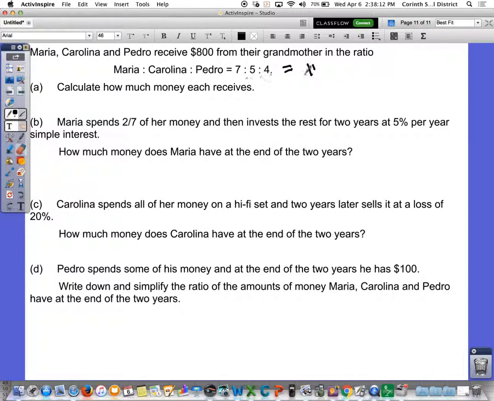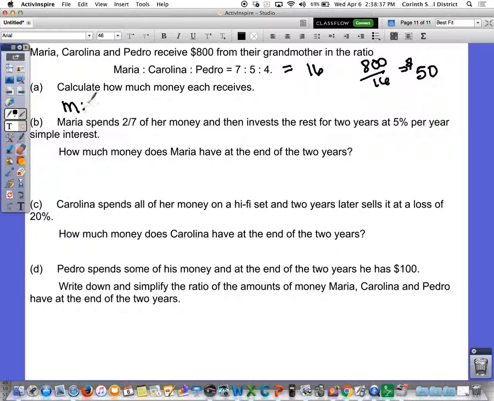I skipped a step. So 16 parts, each part is 800 divided by 16. Part of what gave it away to me is that I knew it wasn't going to add up to $800. So I knew I had done something wrong. So each part is worth $50.